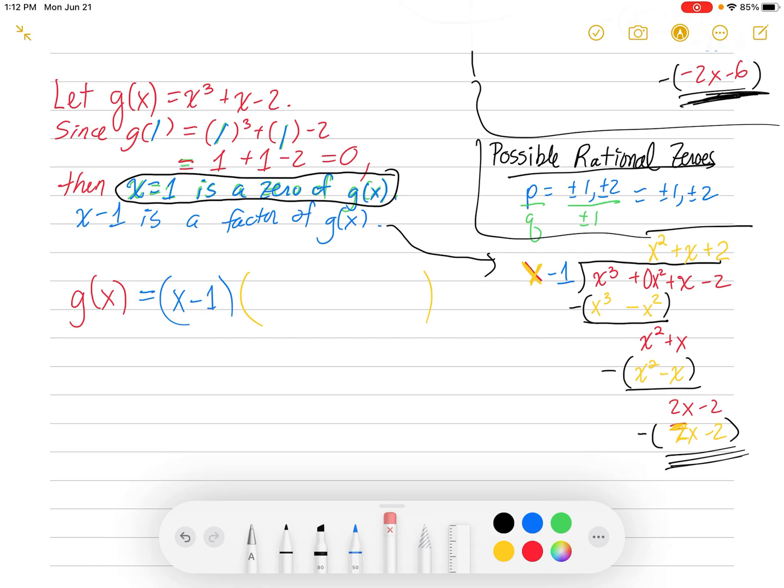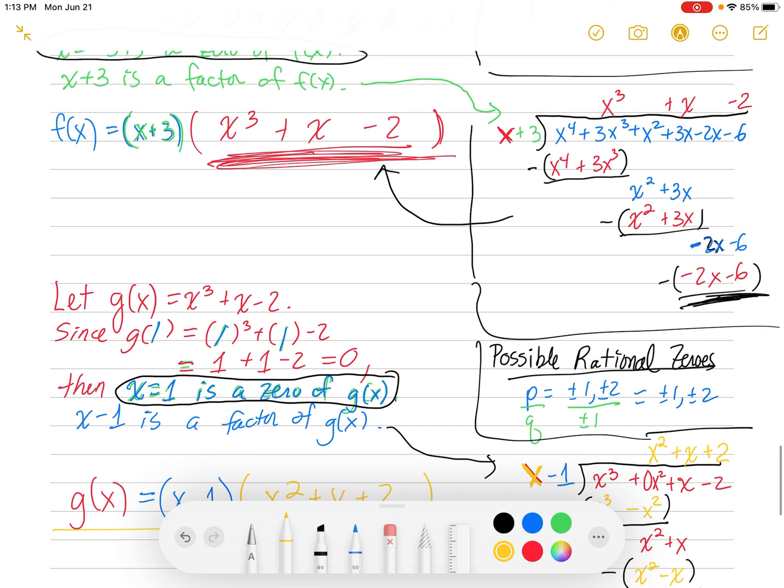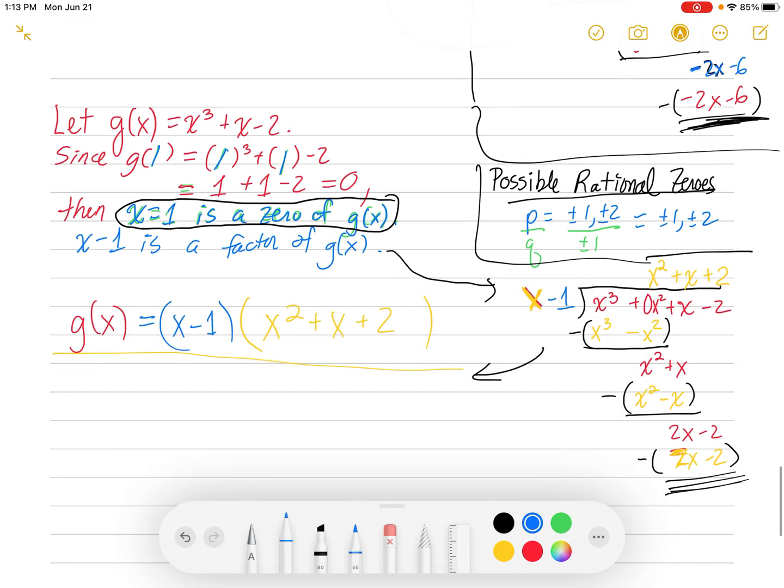That means that when I divided x minus 1 into g of x, which was x cubed plus x minus 2, my quotient here is going to be, in yellow, x squared plus x plus 2. So that's what g of x is.